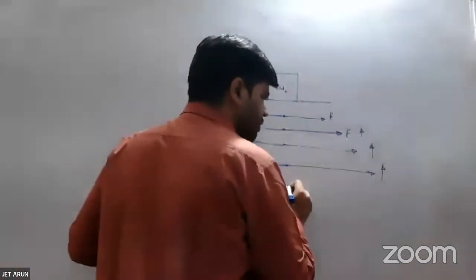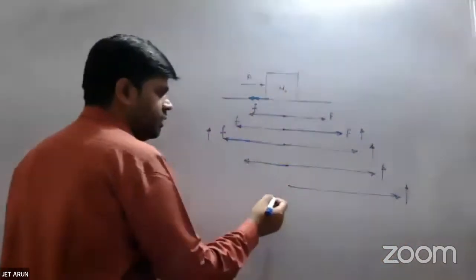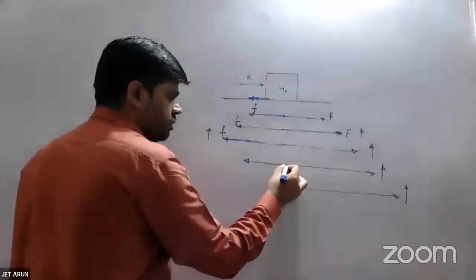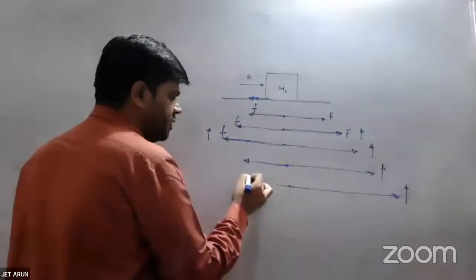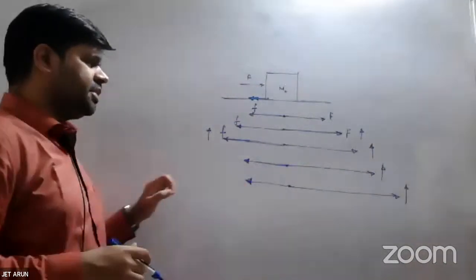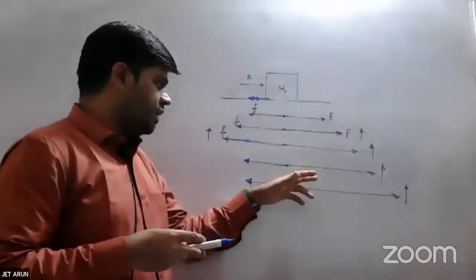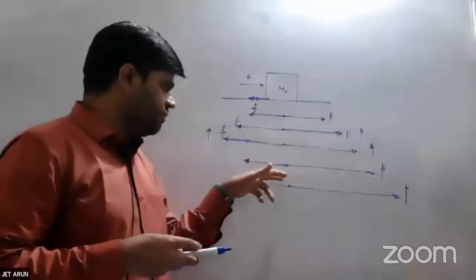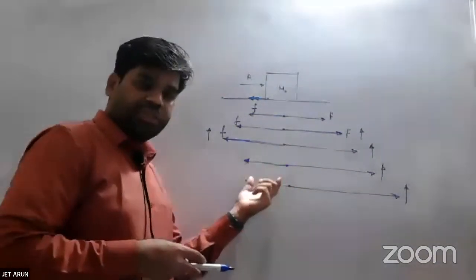I further increase the force, and I observe the friction is not counterbalancing the force, and friction is observed to be constant. How do I observe it to be constant? I measure the acceleration of the particle and reverse calculate the friction. I observe that the friction coming into the picture is constant.